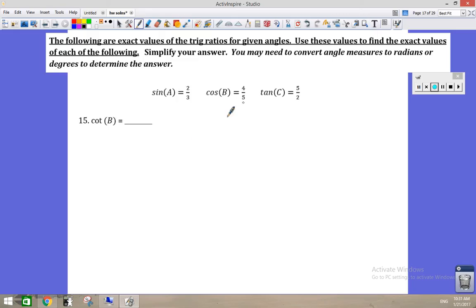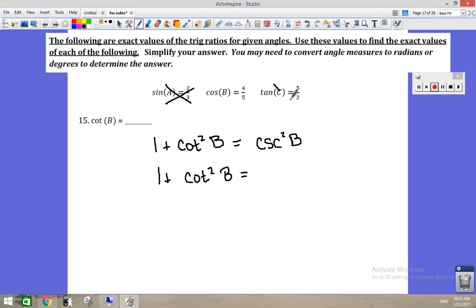So let's try that. We know that 1 plus cotangent squared of B is equal to the cosecant squared of B. Oh wait a minute, since that's cosine, I'd want secant.